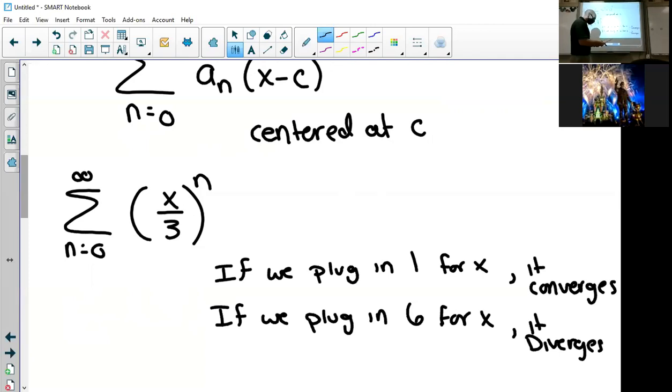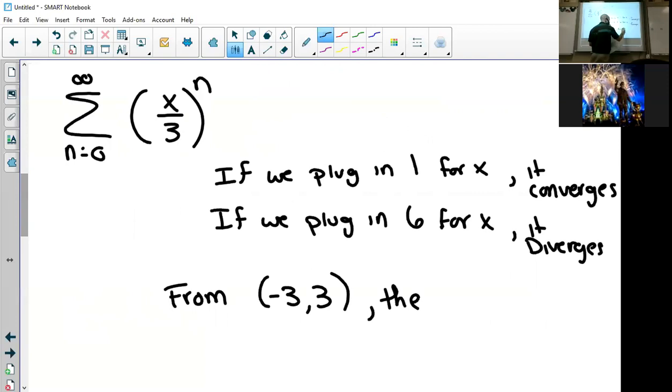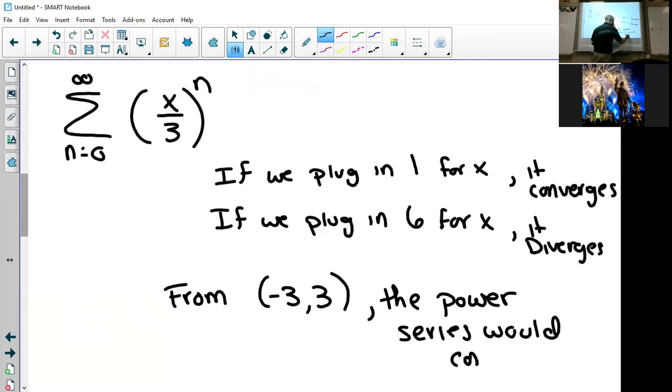One of the big things we try to figure out is what interval of values will make this actually converge. If we take a look at this one, from -3 to 3, the power series would converge. Any value you pick between -3 and 3 is going to give us a ratio less than 1, which, using the geometric series test, would converge.